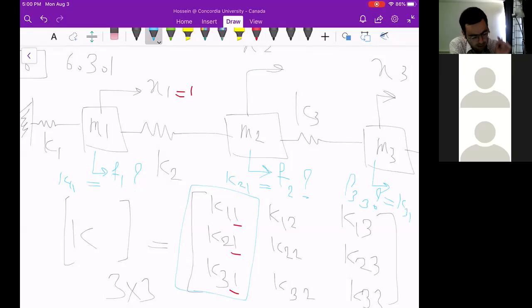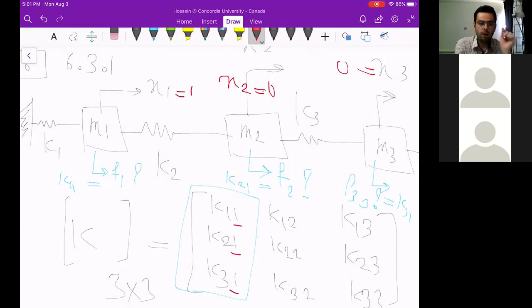So displacement at mass 1 is 1, while we have to make sure displacement at 2 and at mass 3 are 0. This is similar to the influence matrix. We were only applying unit force at mass 1.